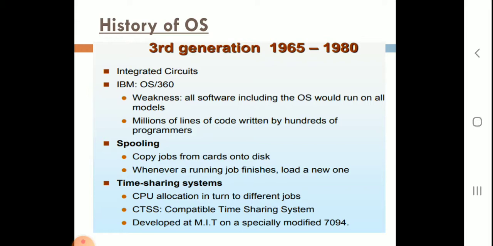Spooling was used, which copies jobs from cards onto the disk. Whenever a running job finishes, a new one is loaded. Time sharing systems were also used in the third generation. Time sharing means the CPU is allocated in turn to different jobs. CTSS, the Compatible Time Sharing System, was developed at MIT on a specially modified 7094.